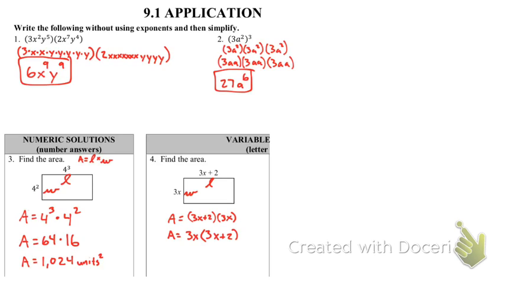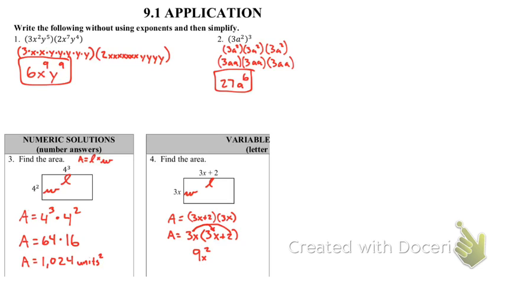This looks like something you are more comfortable with, which means we're going to multiply this times this. We're going to distribute. That's going to give me 9, because 3 times 3 is 9. And then how many x's do I have? x times x, that's x squared. And then 3x times 2.